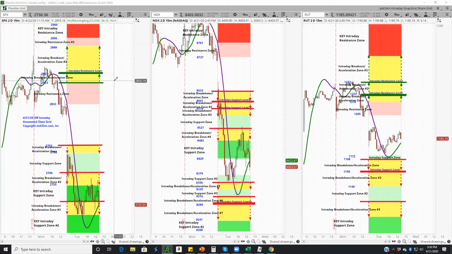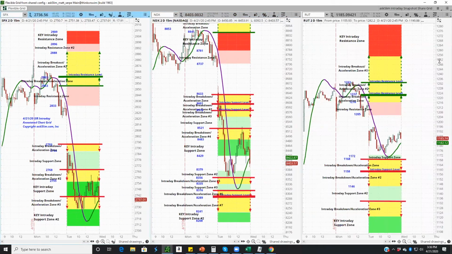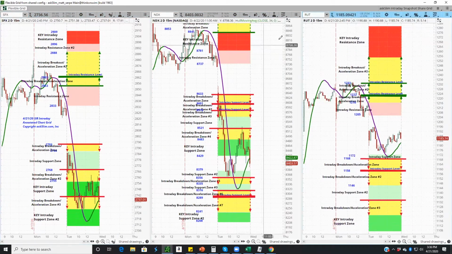Now I'm going to walk through the components. Each grid has the 3 cash indexes: the S&P, the NDX, and the Russell 2000. They consist of an upside and a downside, so obviously we have our upside over here. I'm just getting these numbers back into Zoom here a little bit.